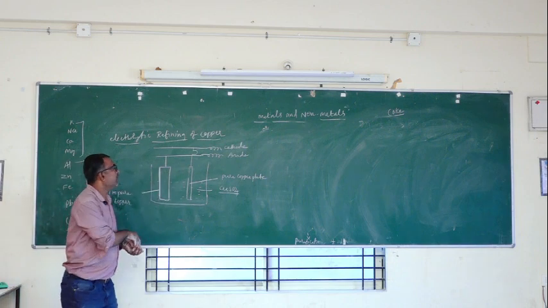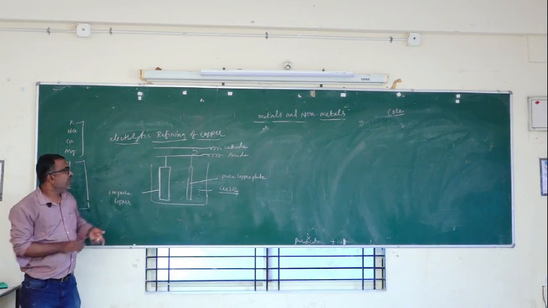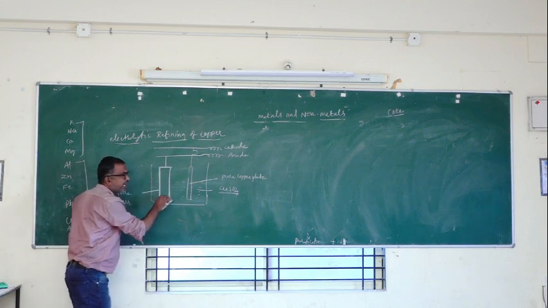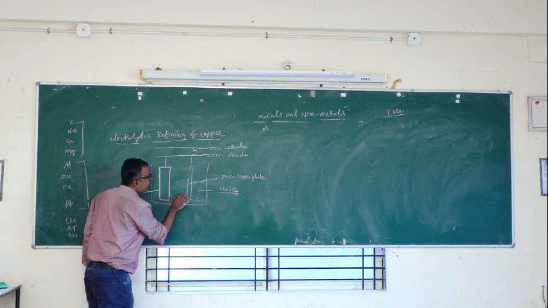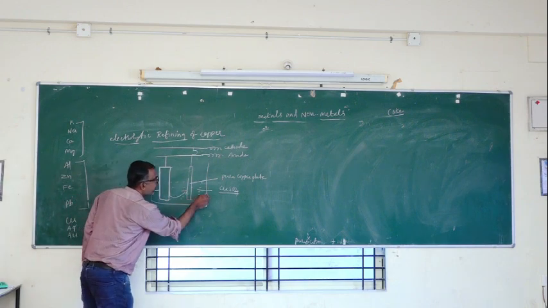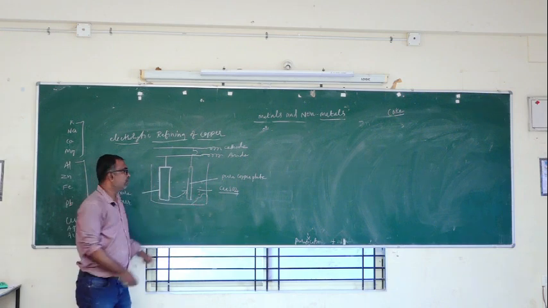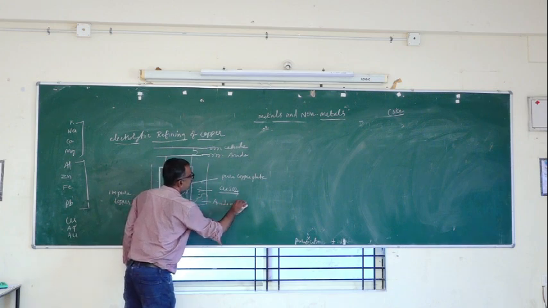When you pass the electricity here, the thick impure copper plate is going to dissolve and the pure copper is going to be deposited here. And the impurities are going to settle at the bottom. So this is called anode mud.